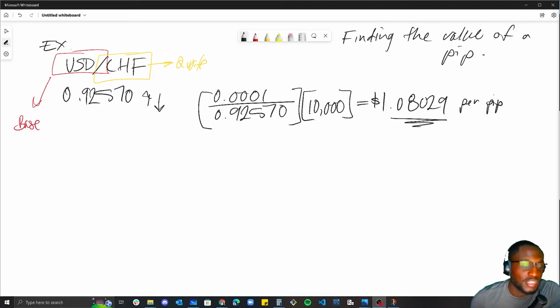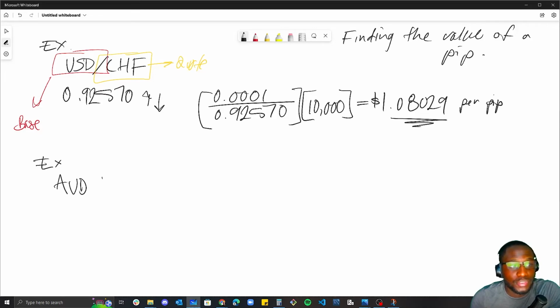All right, so let's look at another example. We're going to use the Australian dollar and the US dollar, and the exchange rate for this one is going to be 0.71432.